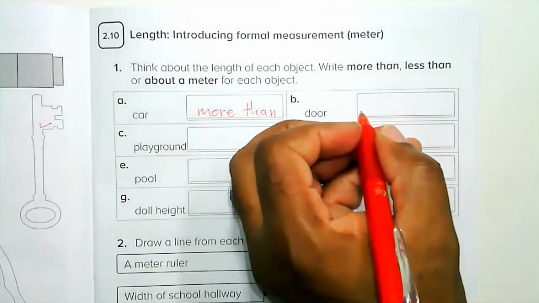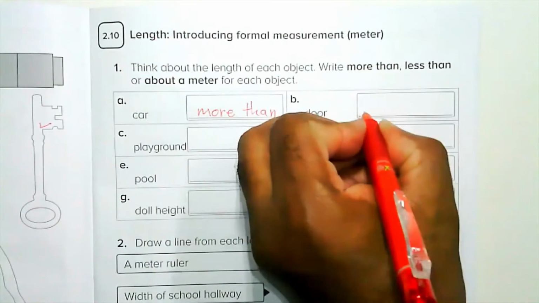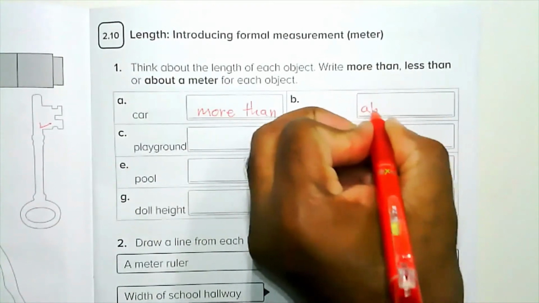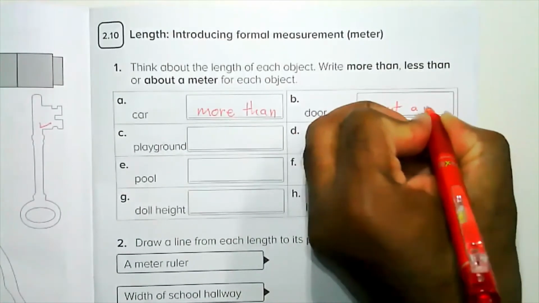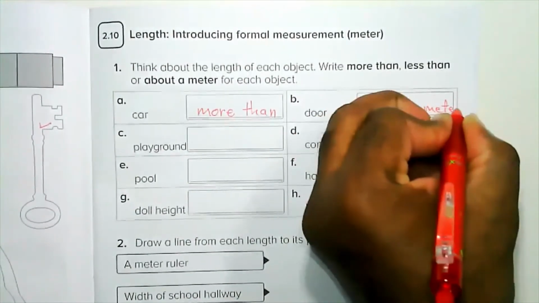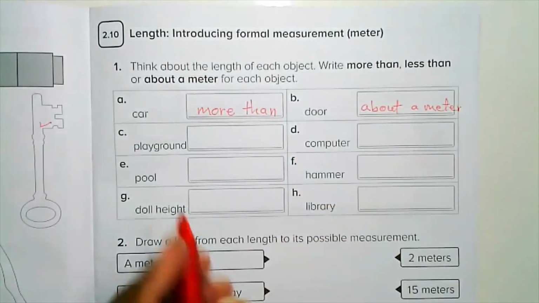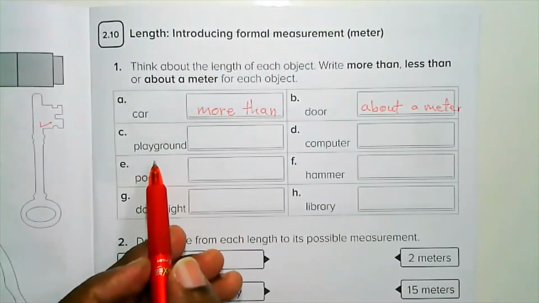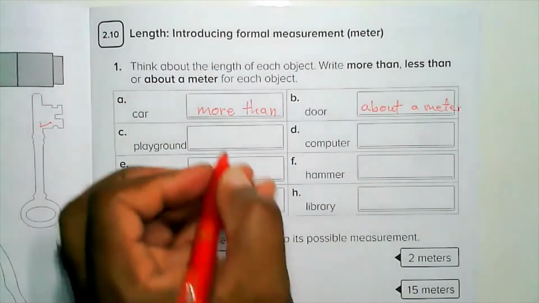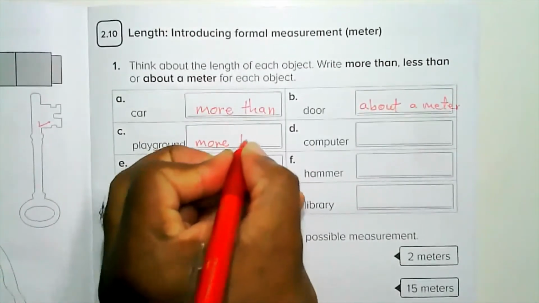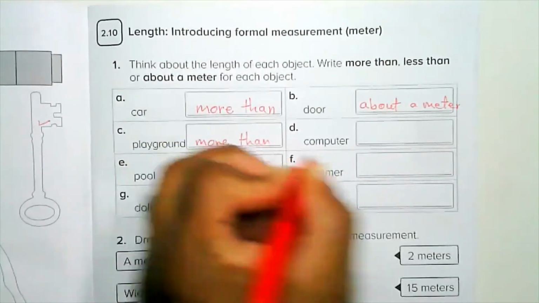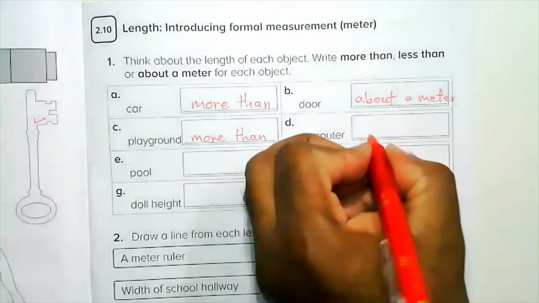Door. About. It's about a meter. Playground. More than. Computer. Less than.